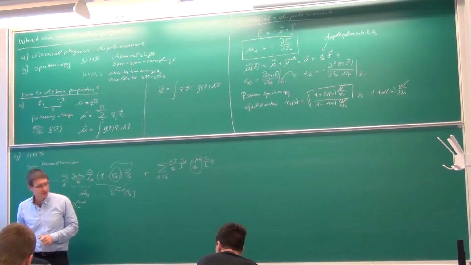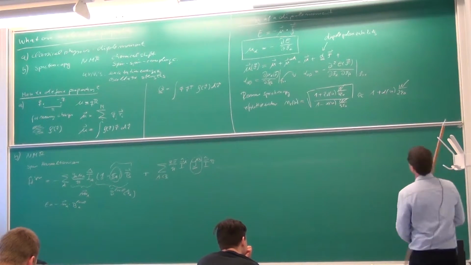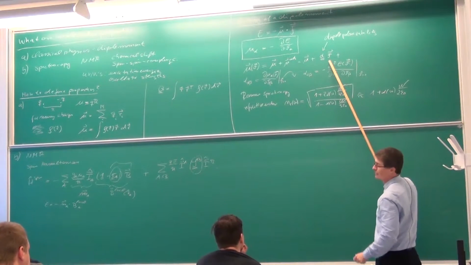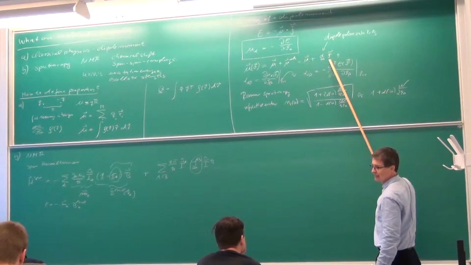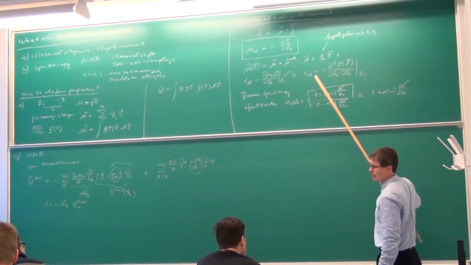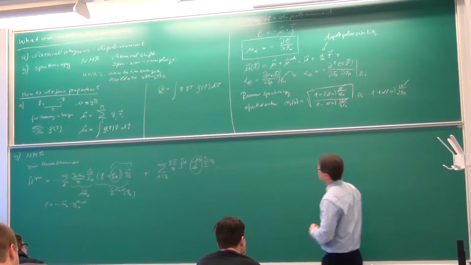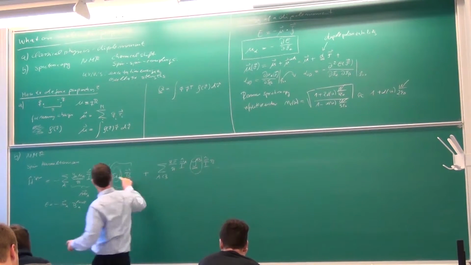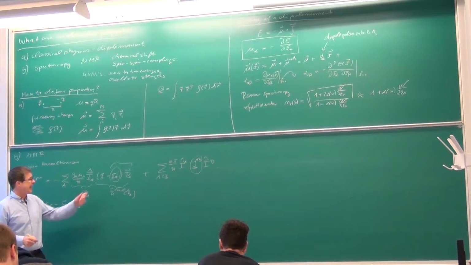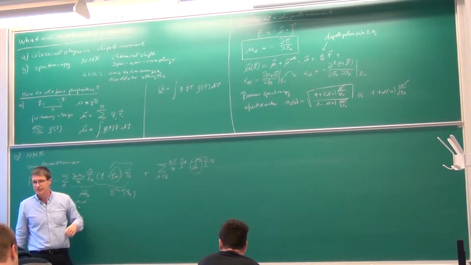This is exactly the same kind of expression as you have here. You have the external field, and then you have some proportionality constant, which gives you an induced field. So here, this is an induced field, induced in the electrons by the external magnetic field.